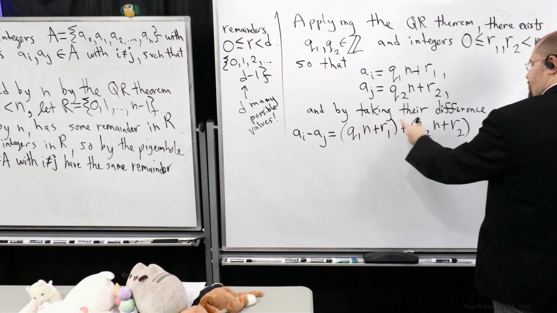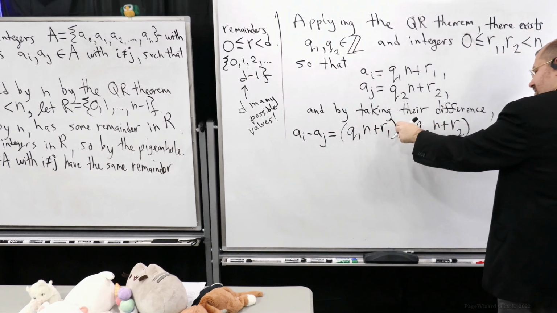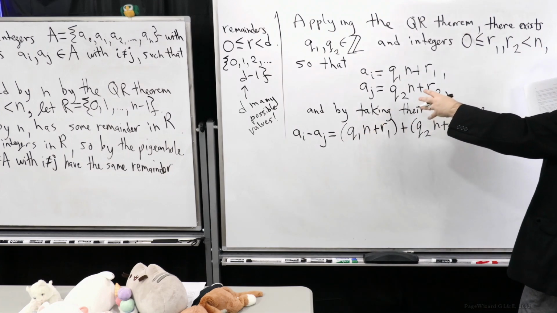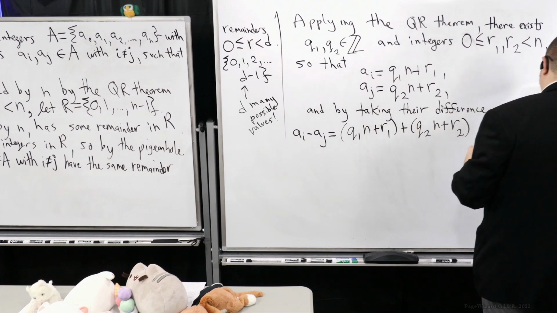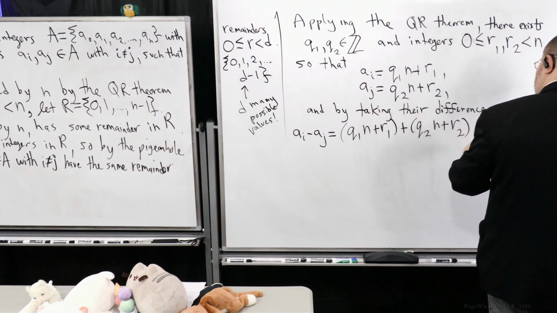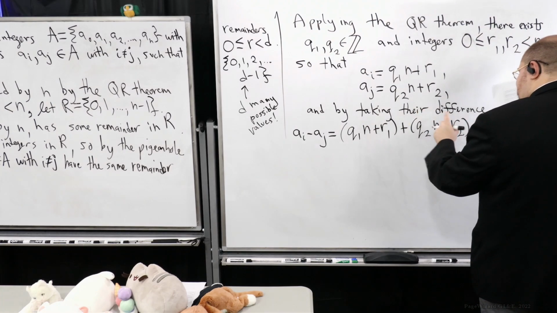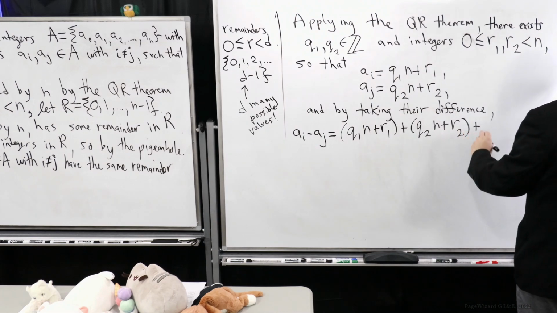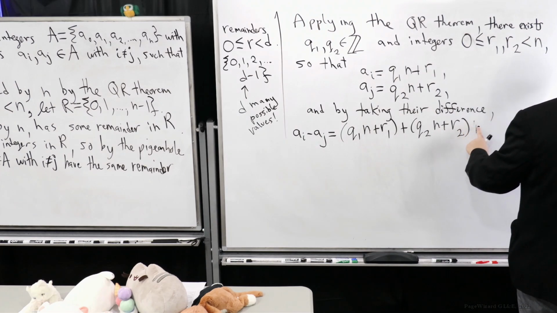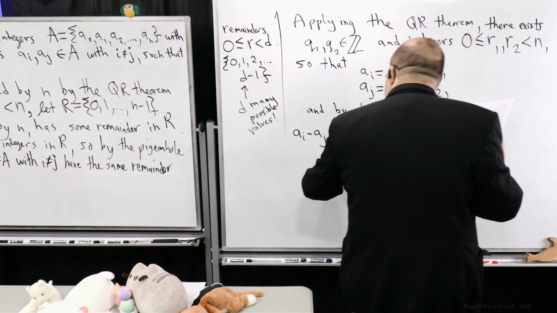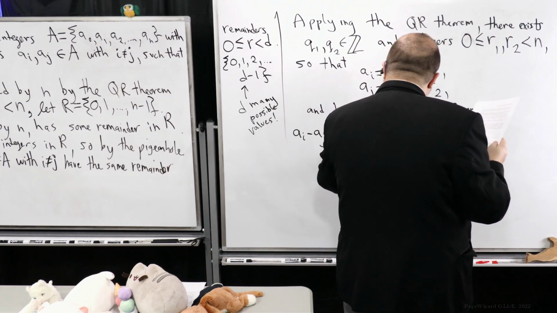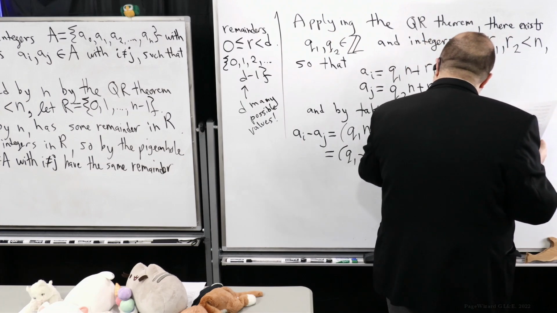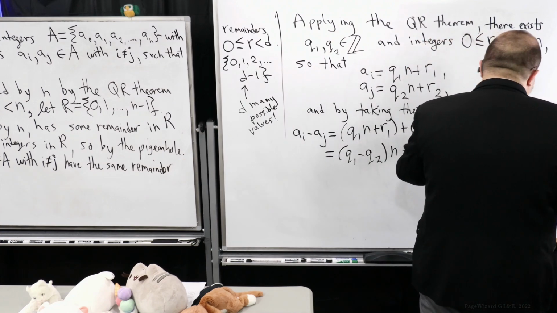I could just drop these parentheses, and notice that Q1 and Q2 are both multiplied by n, so I'm going to factor there. I'll regroup the remainders together, and you end up with this being equal to Q1 minus Q2 times n plus R1 minus R2.